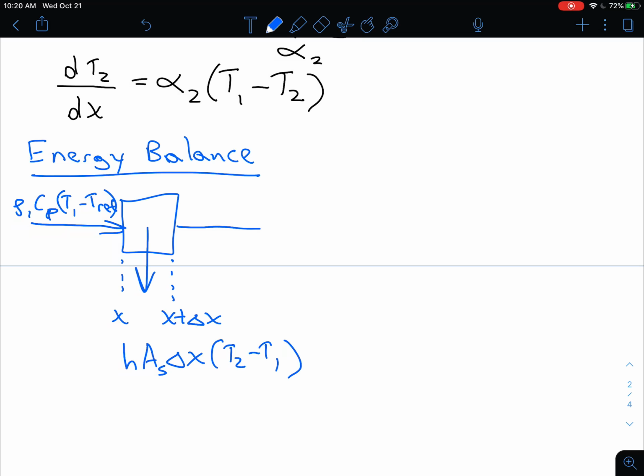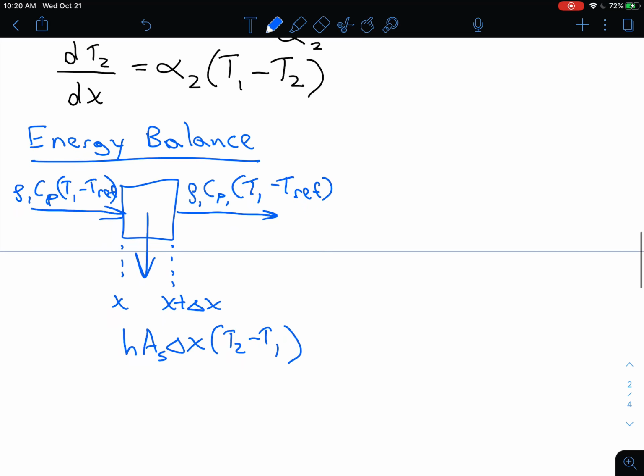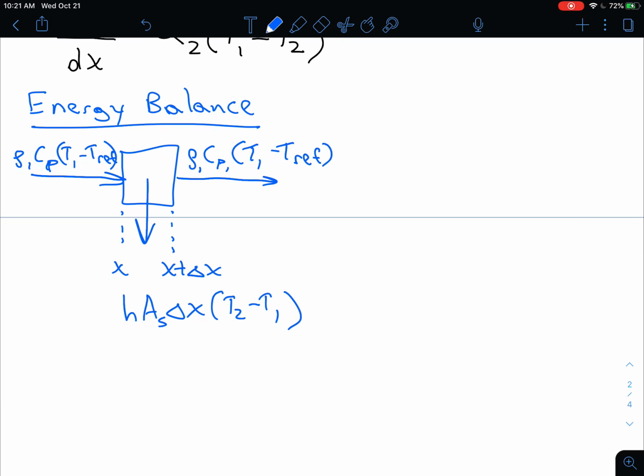And so the output is going to be the same internal energy of the fluid evaluated at x plus delta x, so rho 1 CP1 T1 minus T ref. And so the equation in minus out plus generation minus consumption equals 0, no accumulation. We're doing a steady state balance. Let's just right off the bat write those as 0.